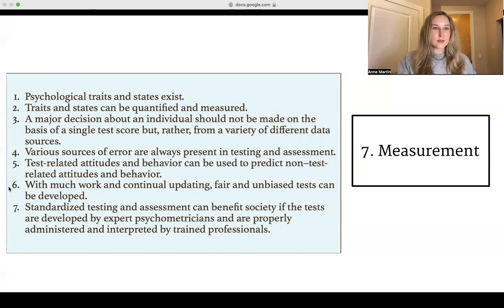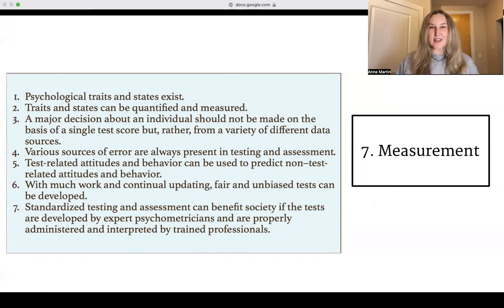This one I think is the most interesting to me, number 6: with much work and continual updating, that fair and unbiased tests can be developed. So the bias part I think is interesting. So we know that there's always going to be error, but this one is talking about there's always the possibility of perfection in a way.